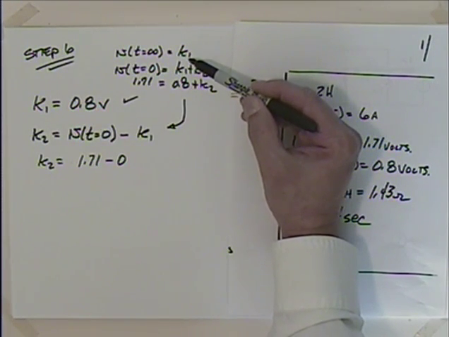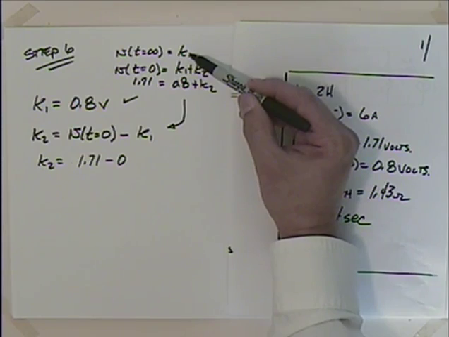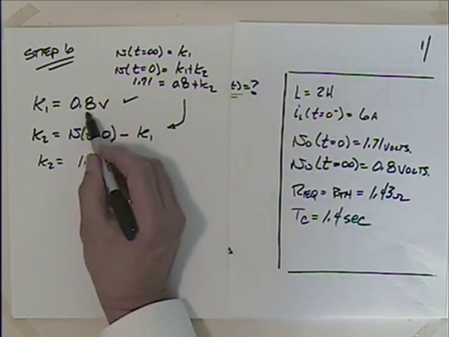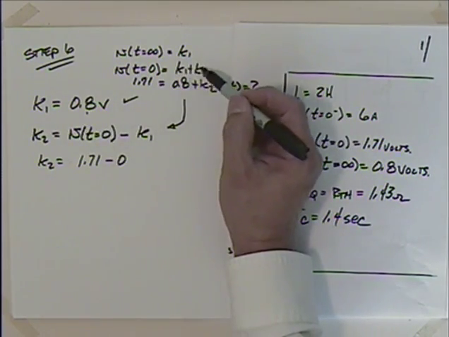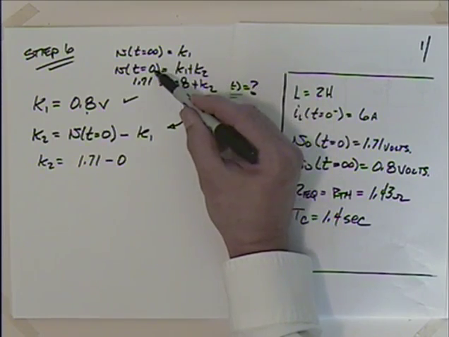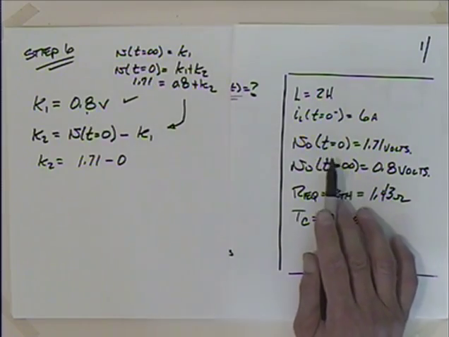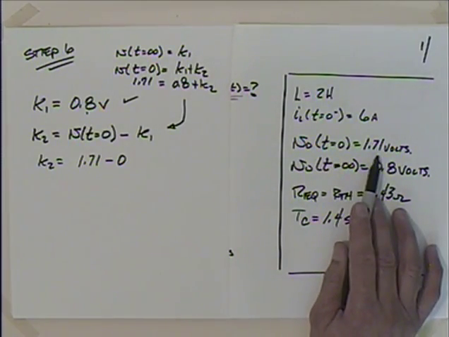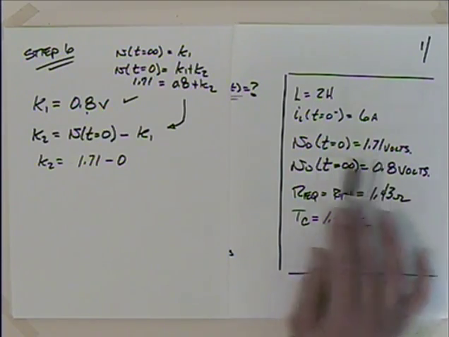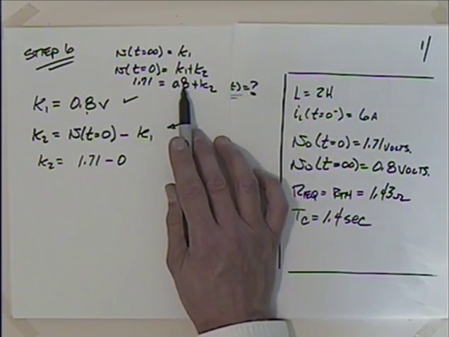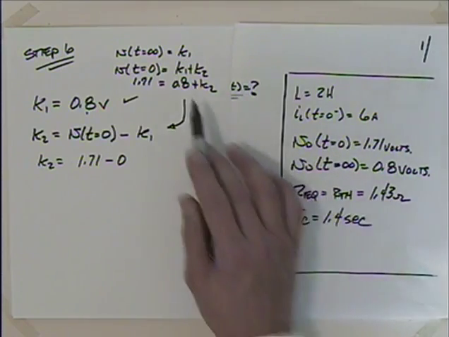Double check this. I've got K1 is at infinity. That's this. And then K1 plus K2 is the value at 0. So the value at 0 is 1.71. Good. And K1 is the value at infinity, 0.8.